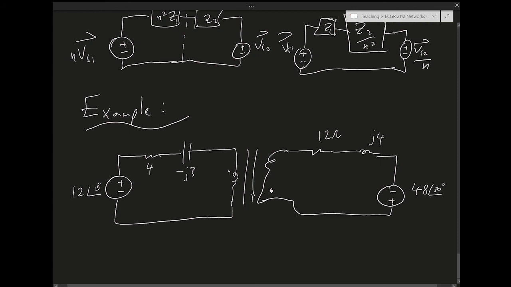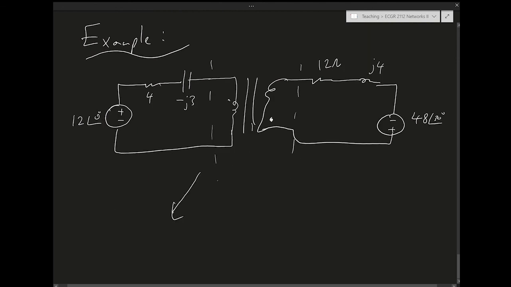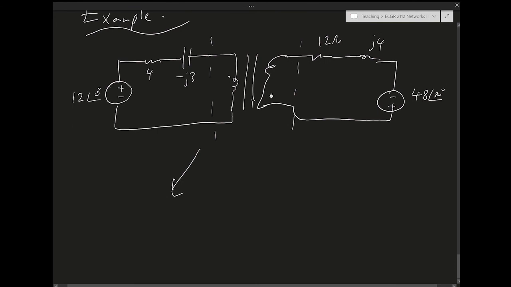Since the problem is to apply the Thevenin simplification from both sides, that's what we're trying to do. So let's do step 1 from this side first. Let's reflect the primary into the secondary.